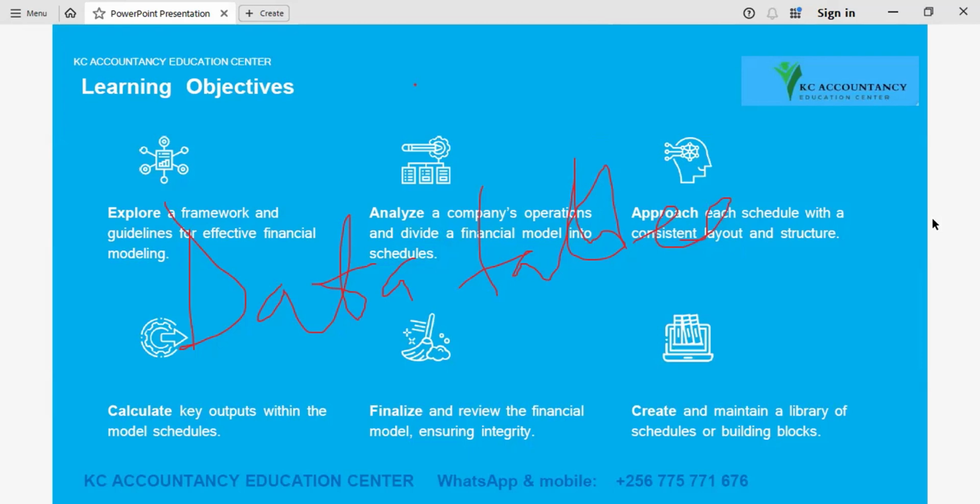The DCF valuation modeling course is one of the core courses that are supposed to be attempted if you are to become very good at financial modeling and then valuation.